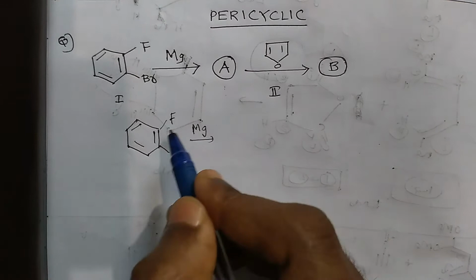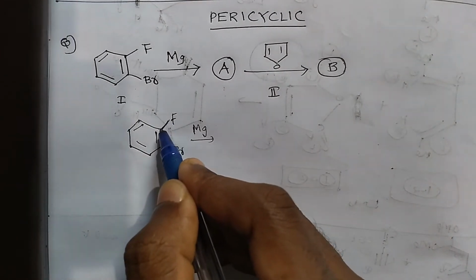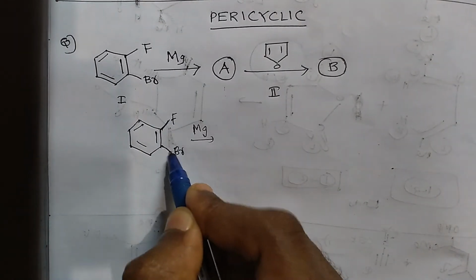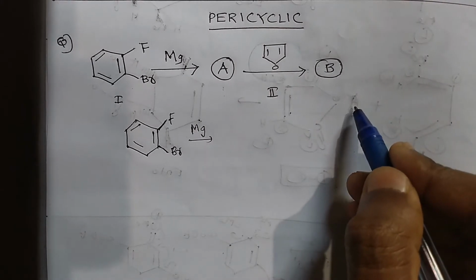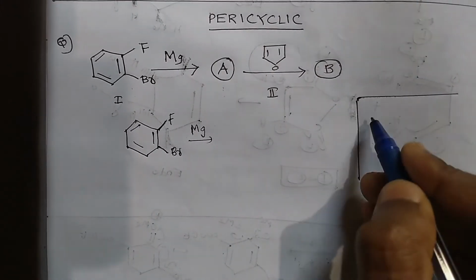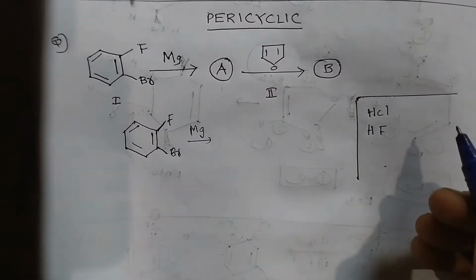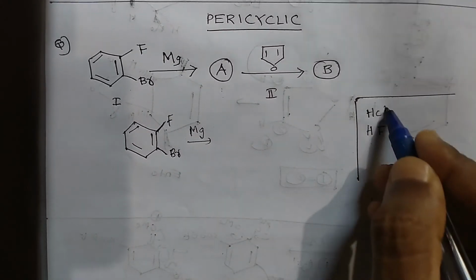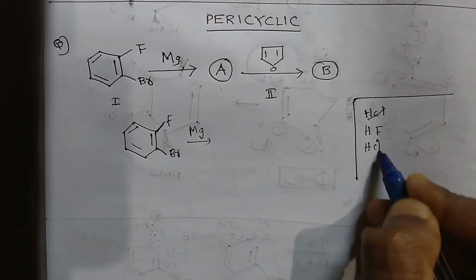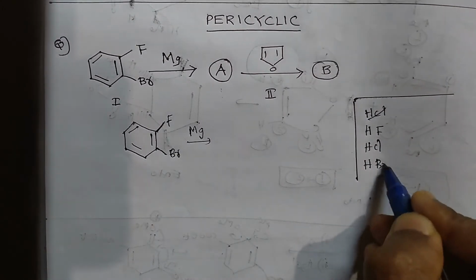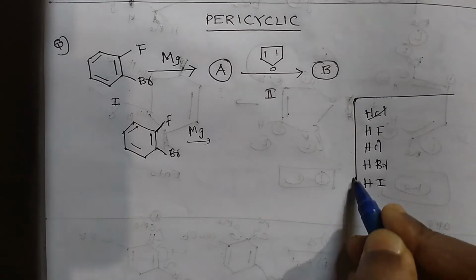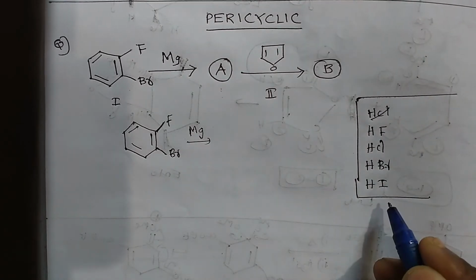You know that while we are considering this C-H bond and this C-Br bond, in case of acids, HCl, HBr, HF, HI is a strong acid.